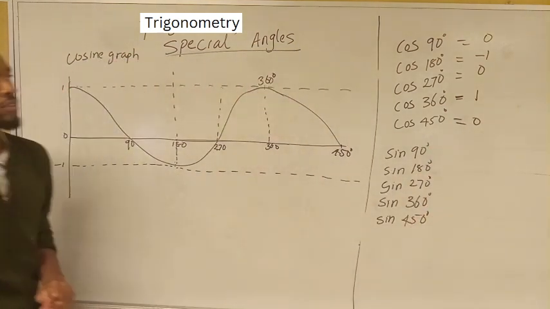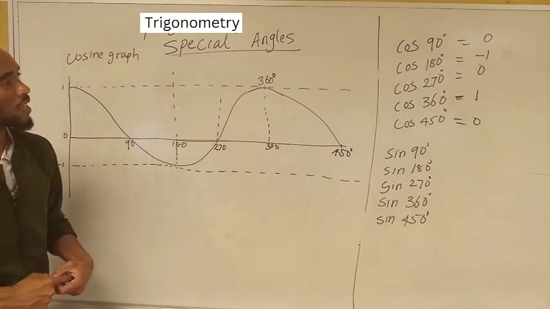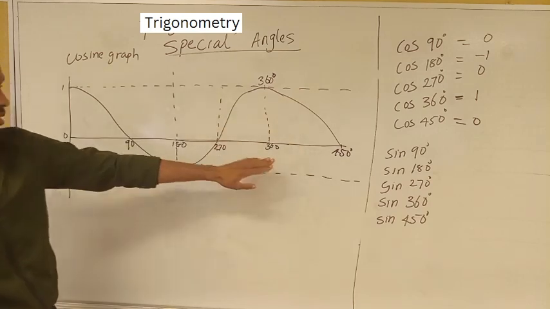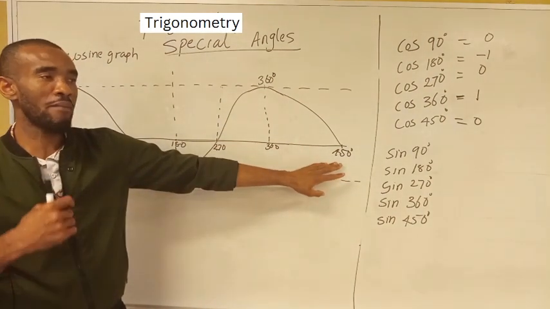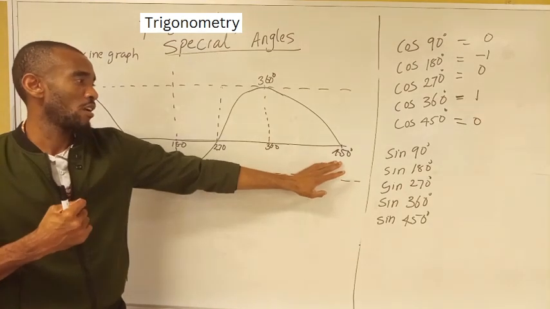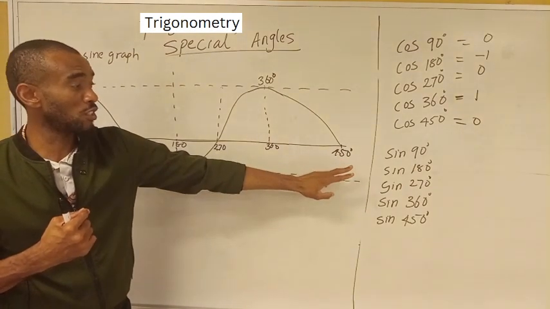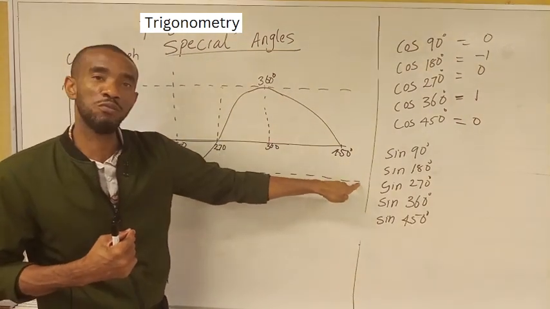So I hope you understand how this pattern works. It's more like a pattern. For me to also find the next one, it is going to hit on -1. If I'm interested to find what cos 540 would be, you see, it's going to be on -1, right?